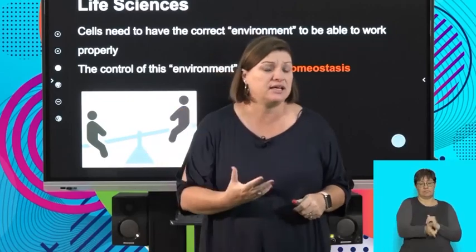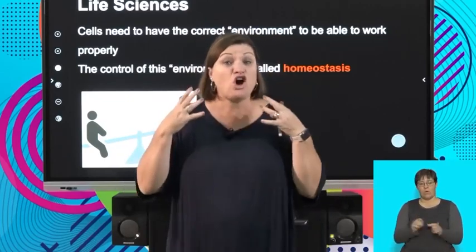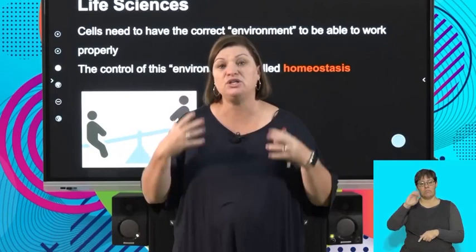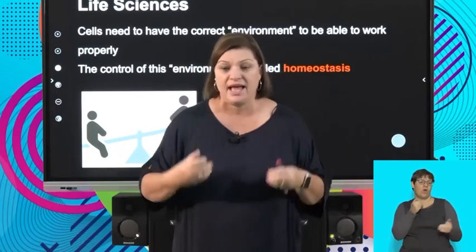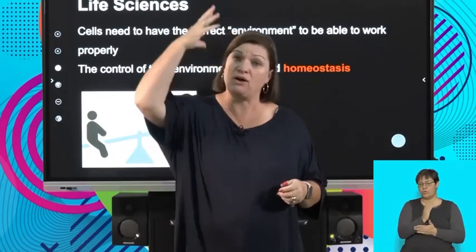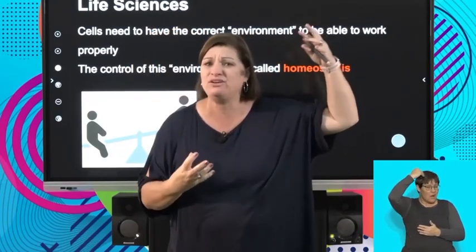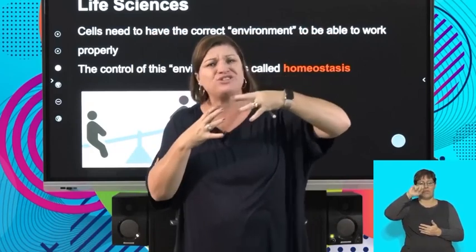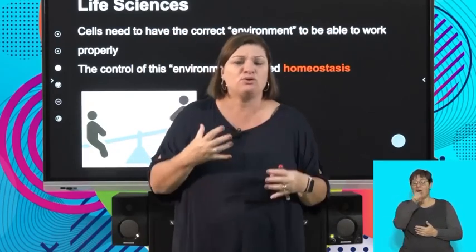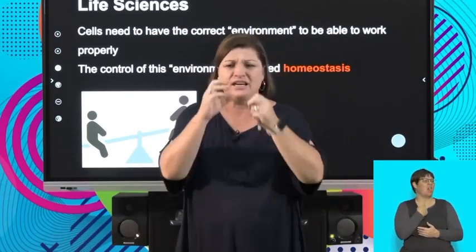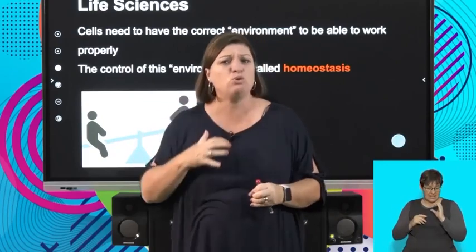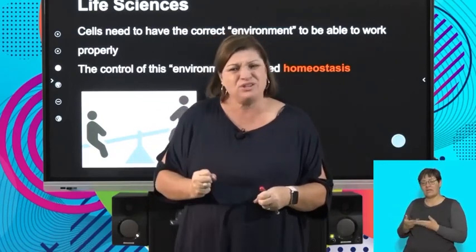We also looked at the concept of osmoregulation. How do we control water? That was very often by a hormone called ADH and a part of our brain called the hypothalamus that together brought about us feeling thirsty, wanting to drink water, getting water back into our body, and also the kidneys.